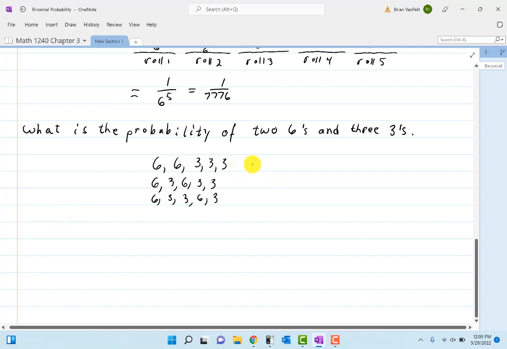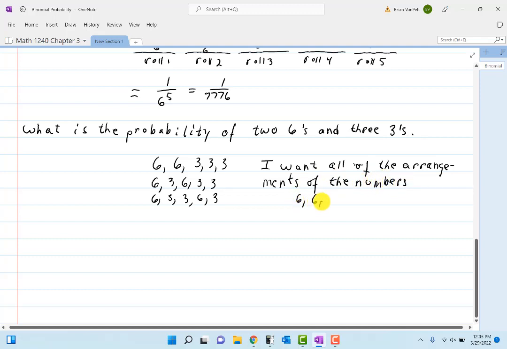Well, if you notice, since I'm moving around 6s and 3s, I want all of the arrangements of the numbers 6, 6, 3, 3, 3.